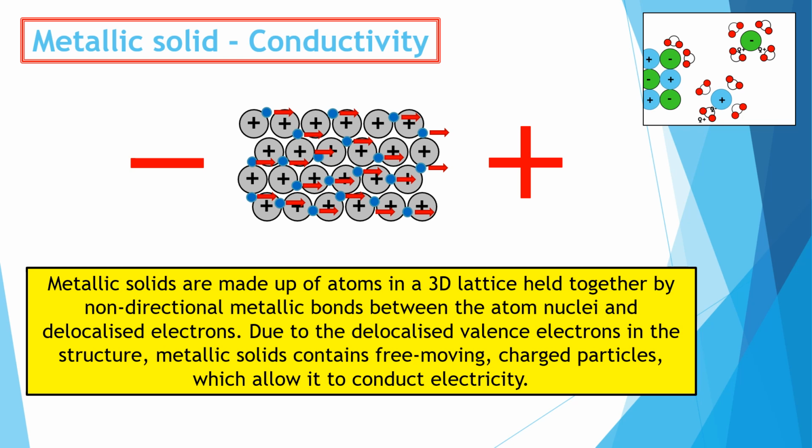So if we were to explain this in a paragraph, we would say, okay, we've got a metallic solid. It's made up of atoms held in a regular 3D lattice, held together by non-directional metallic bonds between the nuclei. Okay, the attraction is between the nucleus, remember, and the delocalized electrons. Because these delocalized electrons have a charge and are free to move, it will conduct electricity.